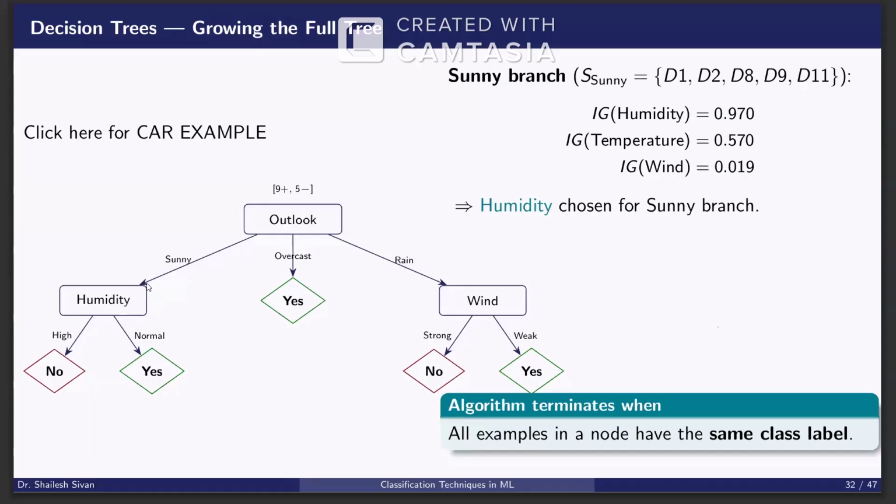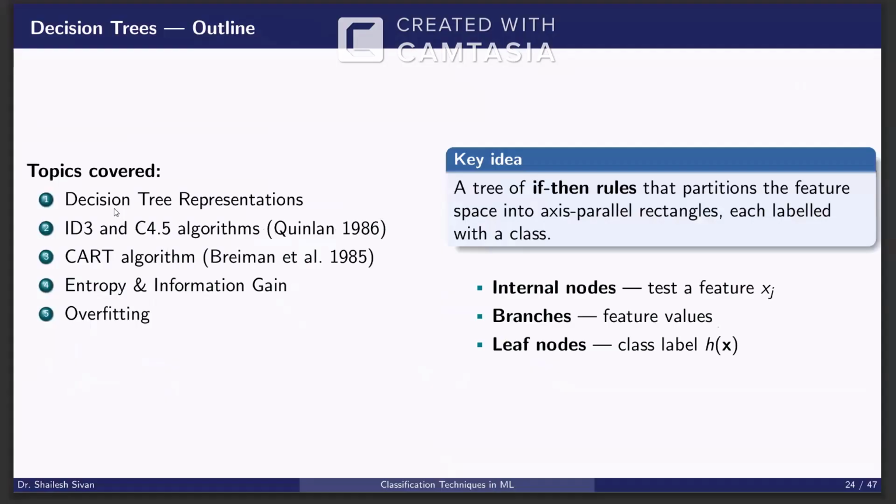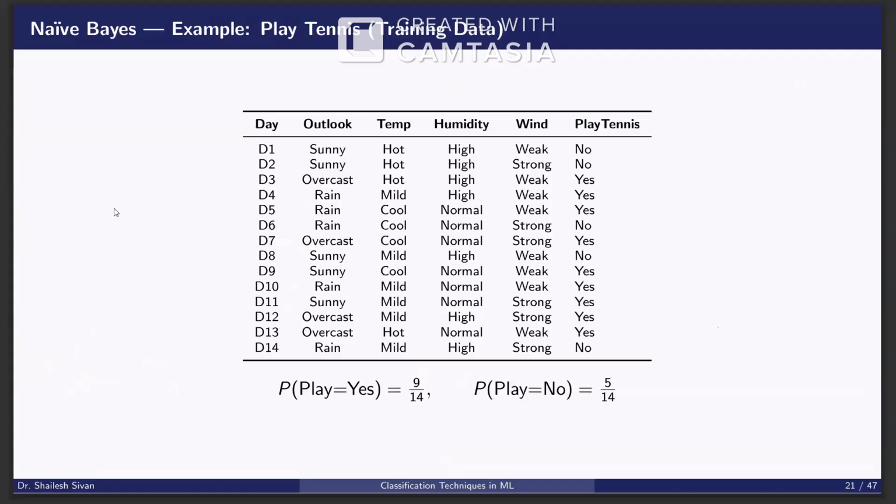Why? What is happening is, see, after splitting Outlook with Sunny, we will choose the data, okay? We will choose the data where Outlook is Sunny, this data, this data, this data, this much data we will take.